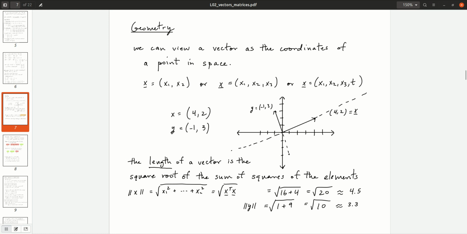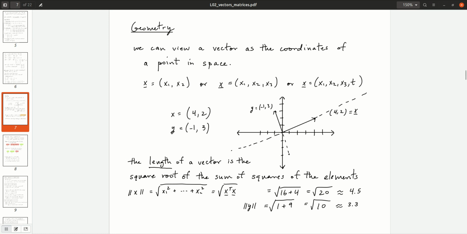This is the general formula. In matrix multiplication form, the sum of the squares is just x transpose x. You can verify that on your own: if you took this vector x as a column vector and did x transpose x, you get exactly this formula here.